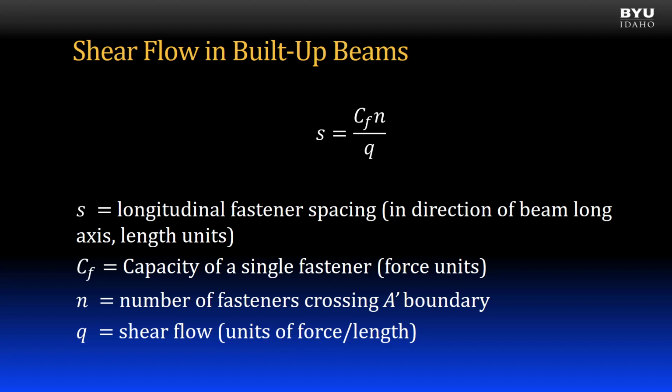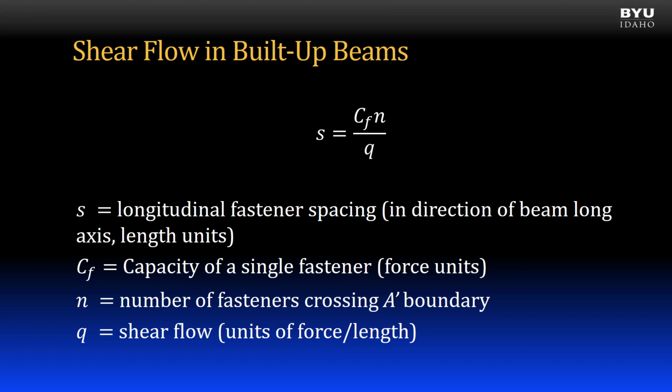If members are connected with individual fasteners, then the equation shown can be used to compute the maximum permitted spacing between fasteners. In the equation, s is the longitudinal fastener spacing, or the distance between fasteners in the direction of the beam axis. C sub F is the capacity of a single fastener in shear.